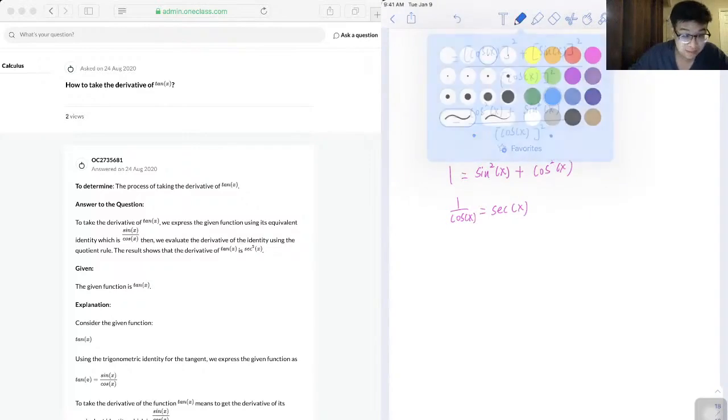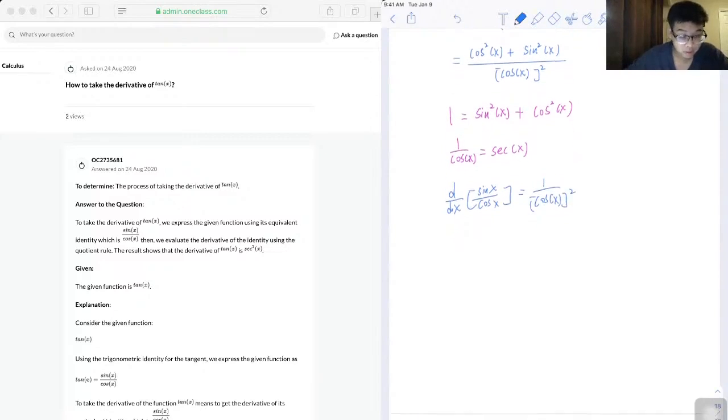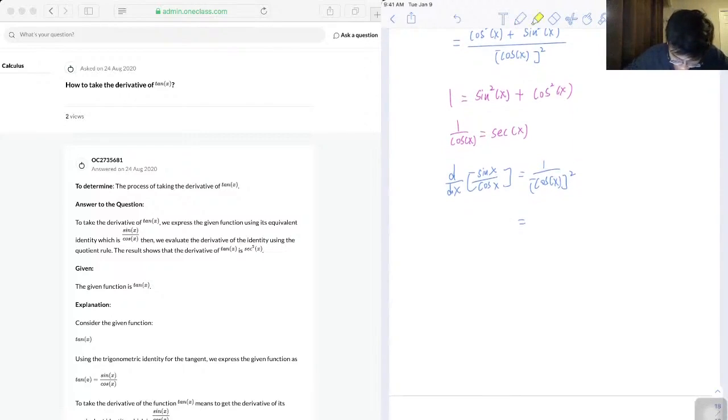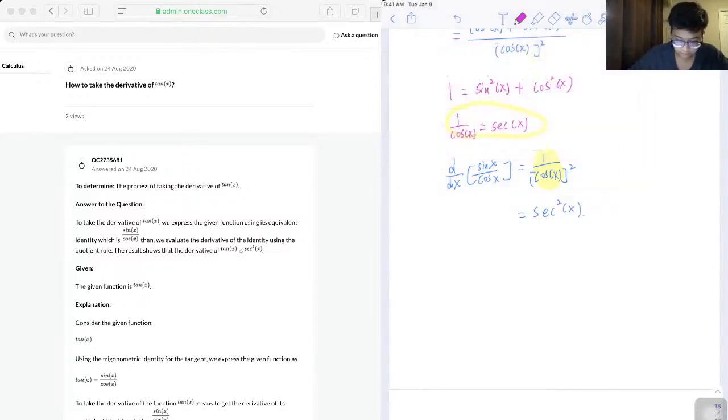By substituting this, we get that the derivative d dx of sine x over cosine x is equal to 1 over cosine x squared, which means we just need to substitute this part by secant x, which is just equal to secant x squared.